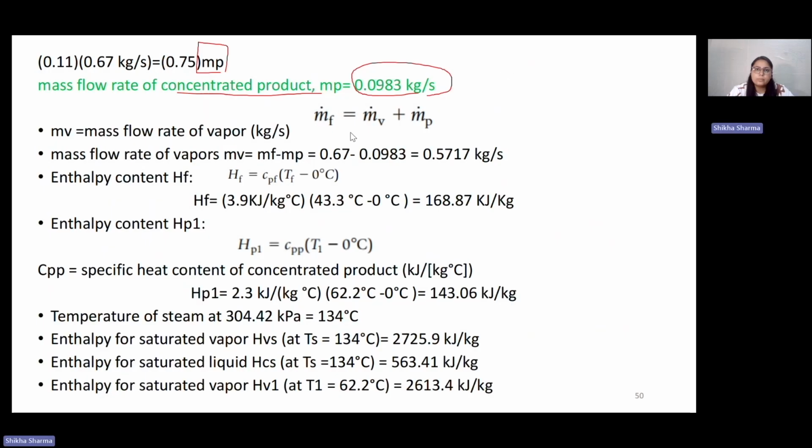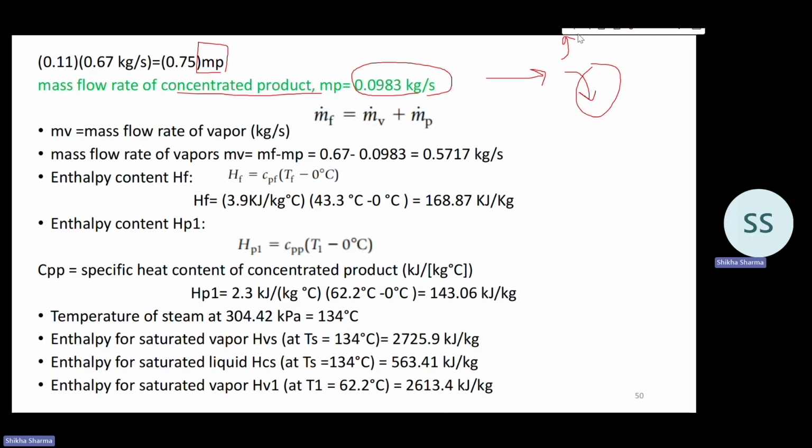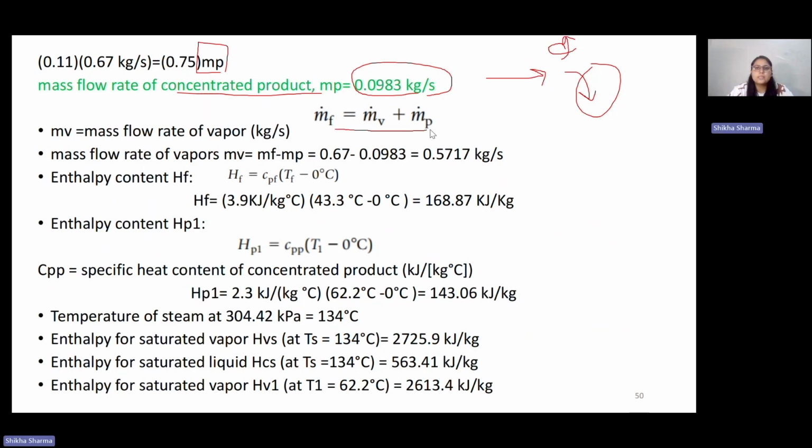Based on the mass balance, the mass flow rate of the feed stream is equal to the concentrate we get plus the vapor going out. So MF is equal to MV plus MP, where MV is the mass flow rate of the vapor in kg per second.